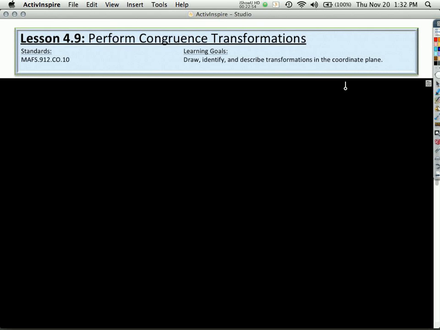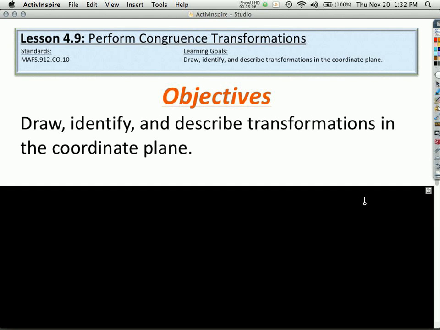We're basically going to take what we learned with transformations a couple weeks ago and wrap it together with what we've been learning about triangles and their congruence. So our objective today is to be able to draw, identify, and work with different transformations in the coordinate plane, which we introduced a couple of weeks ago.